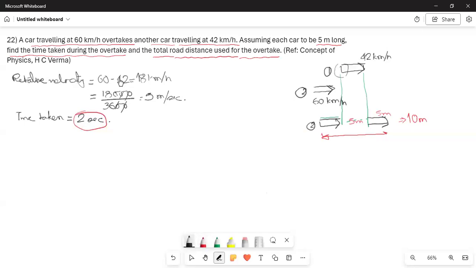Say when the overtake starts, the first car was here and the second car was here. But when the overtake is complete, the first car is somewhere here, and the second car is here.